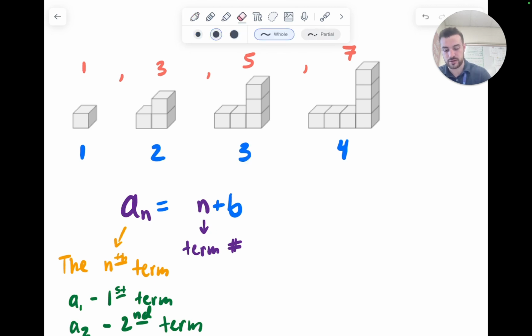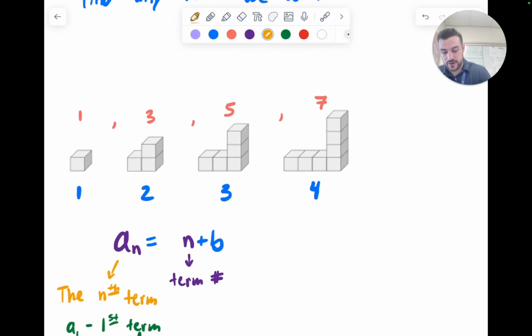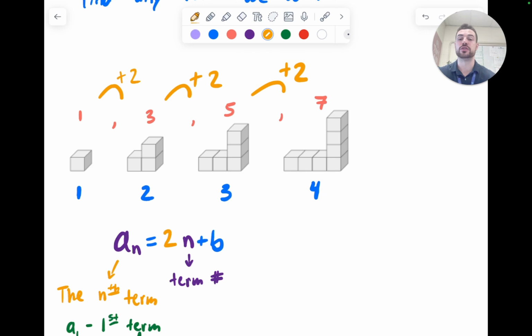Our pattern here is that we are adding 2 every time. So that means my slope is going to be 2. And now we just need to think about what initial value is going to work in this problem to represent this situation. Now, a lot of people are going to say 1.